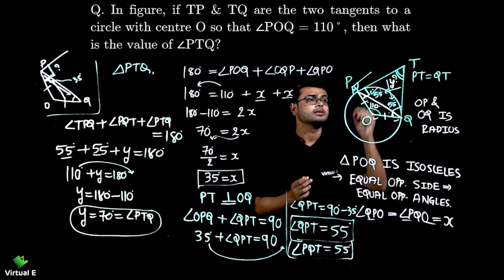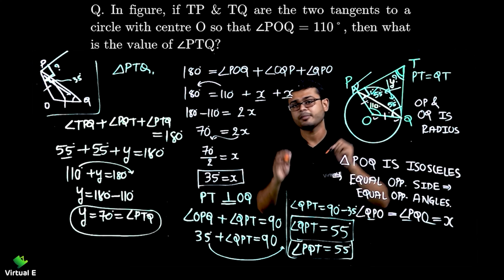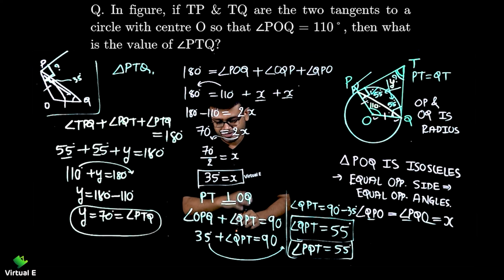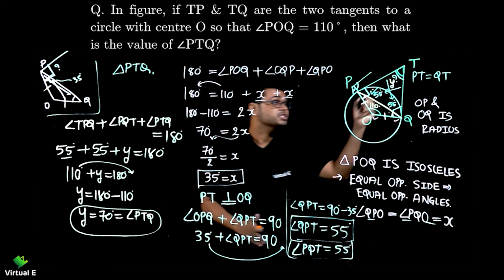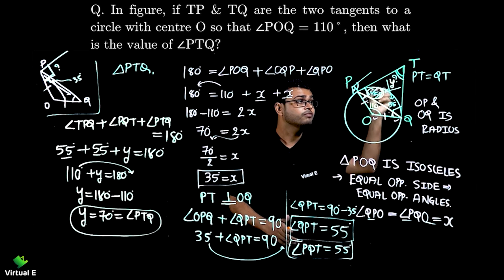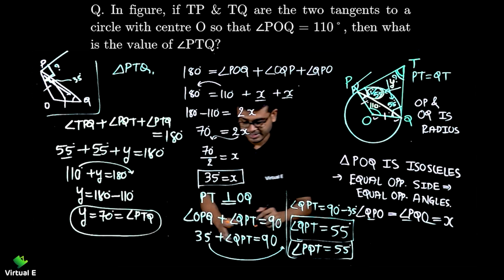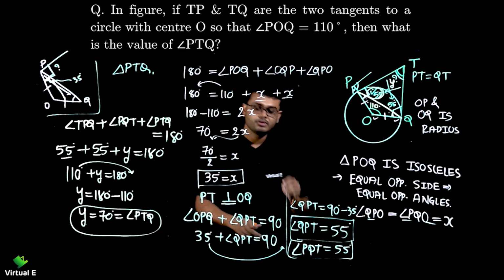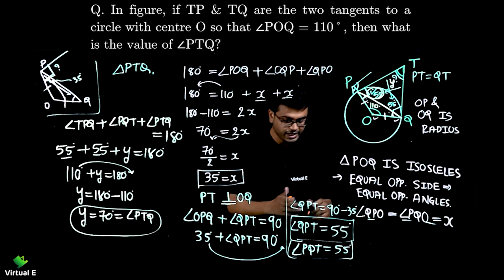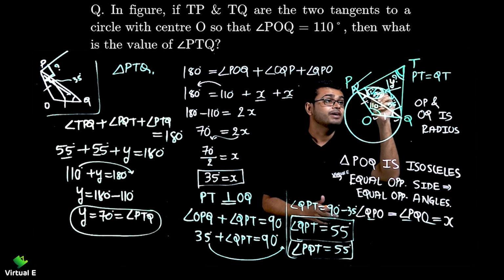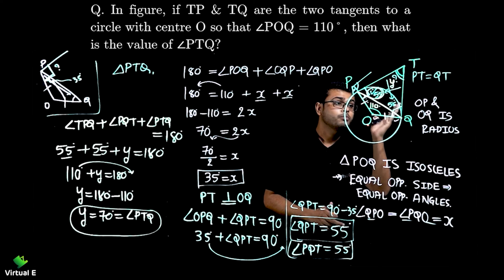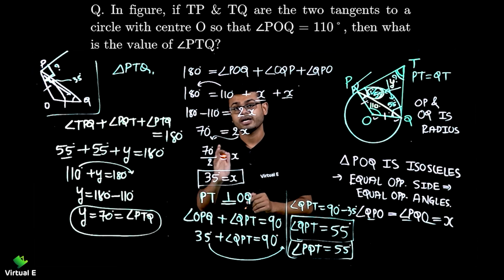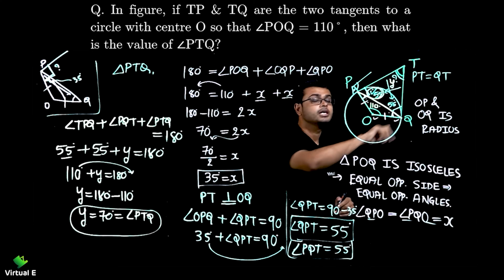Afterwards, we know that radius and tangent are perpendicular to each other, meaning 90 degrees. So that's what I have done. 35 plus this missing angle, this 55 one, I found with the help of that theorem that they add up to 90 degrees. So 35 degrees plus QPT is equal to 90. So I'll get the value of angle QPT as 55. In the same manner, you can get the opposite angle 55 degrees here, or you can use the concept of an isosceles triangle again for this PTQ.